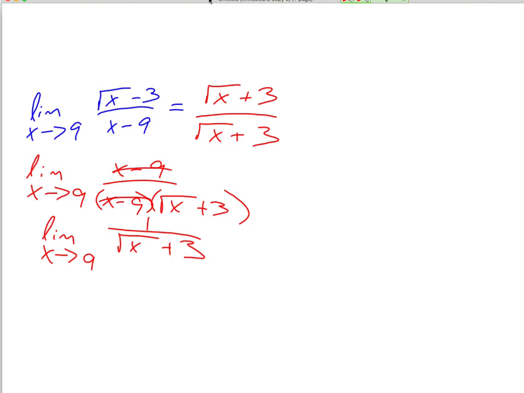And what do we do immediately after we cancel? Plug it in. So now I plug 9 in, and I'm going to get 1 over 6. So what is 1/6? The y value of this function as x approaches 9. That is correct. Now here's what Nicholas likes to do.